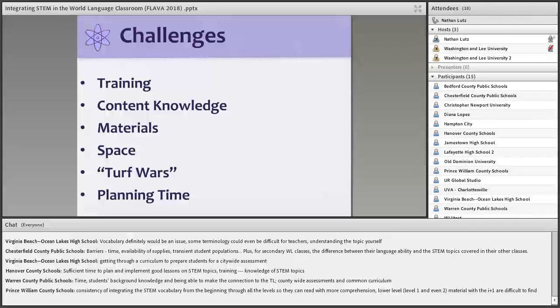Another thing that comes up occasionally, I have not experienced it in my current institution, although I have experienced it in other institutions, and that is the idea of turf wars, where a teacher might say, why are you doing my content? Or especially if they have a sort of big reveal or some exciting thing.